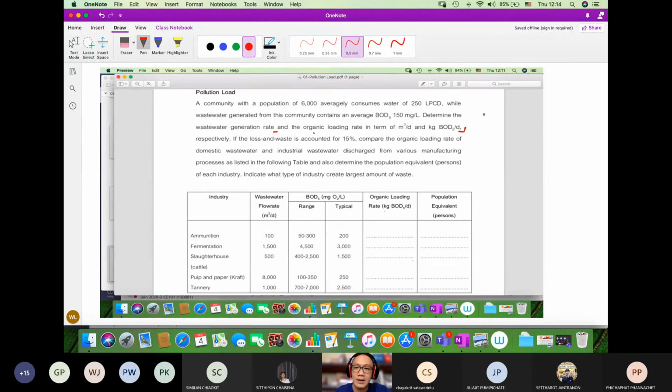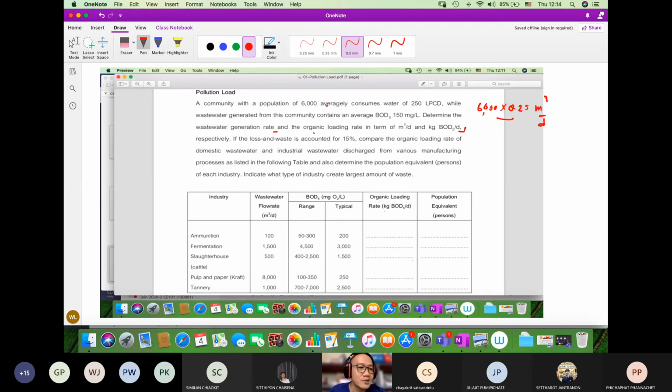So how can you determine the wastewater generation rate? We have 6,000 people in this community, and each one uses 0.25 cubic meters per person per day. So the overall wastewater generation should be approximately this many cubic meters per day: 6,000 times 0.25.